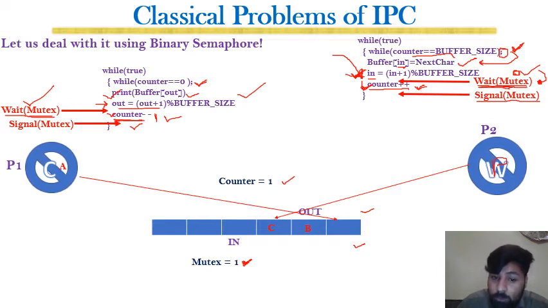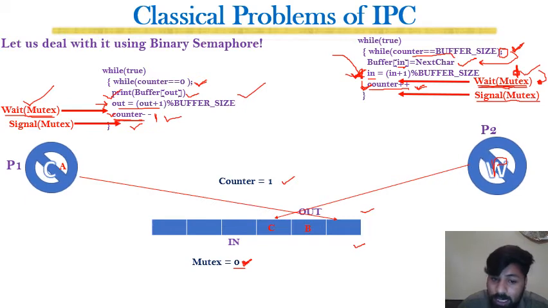Once this value becomes 1, P2 notices that, because it was waiting in this statement. It notices that the value of mutex is now 1, so it will release this spin lock, or this busy wait, and proceed.